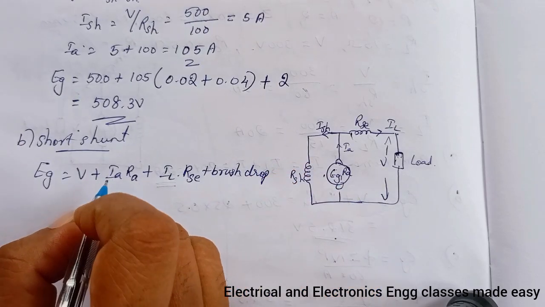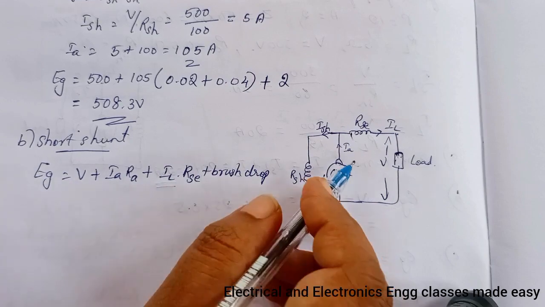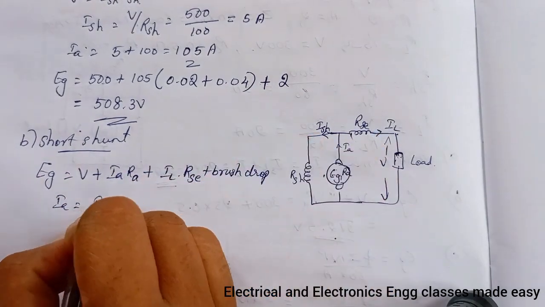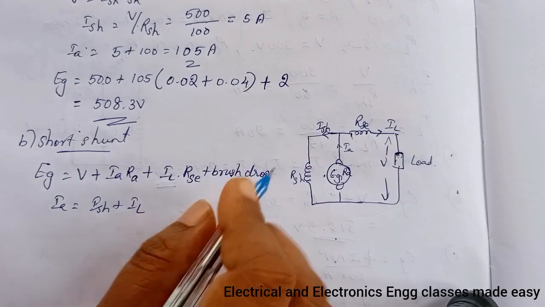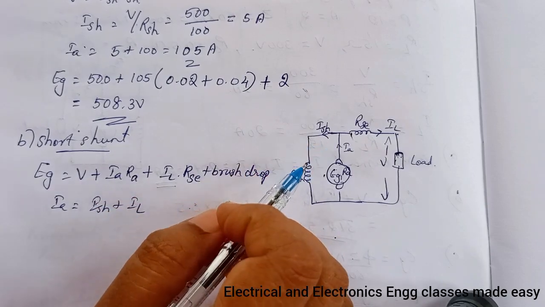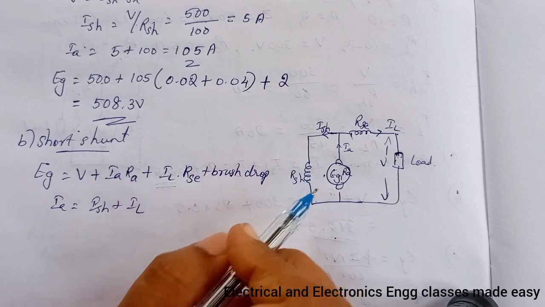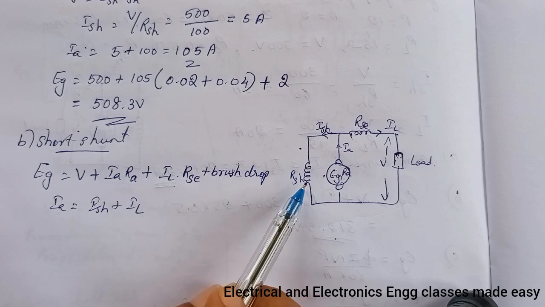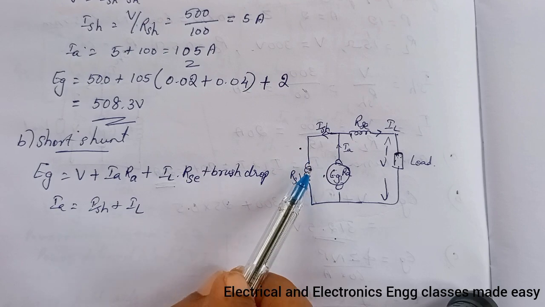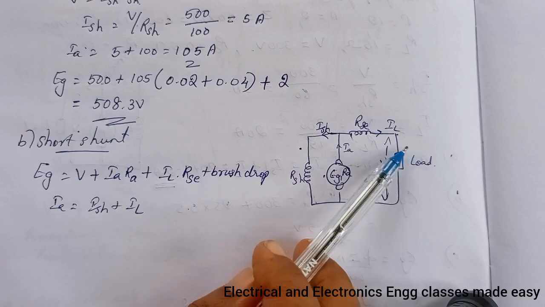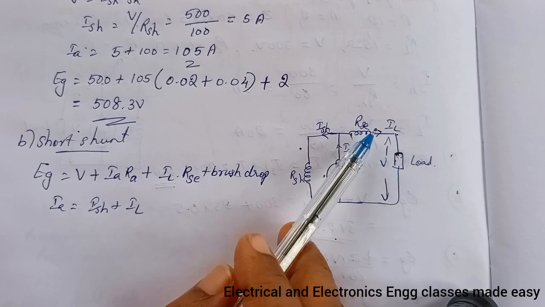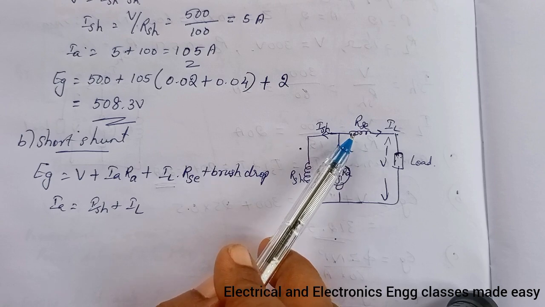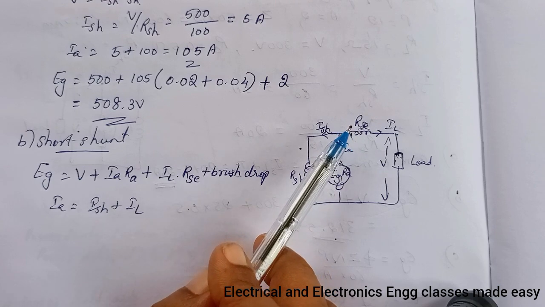So here we have to find IA. IA is equal to ISH plus IL, and here we have to find ISH. For that, the voltage across this shunt field is the terminal voltage plus the drop across the series resistance.